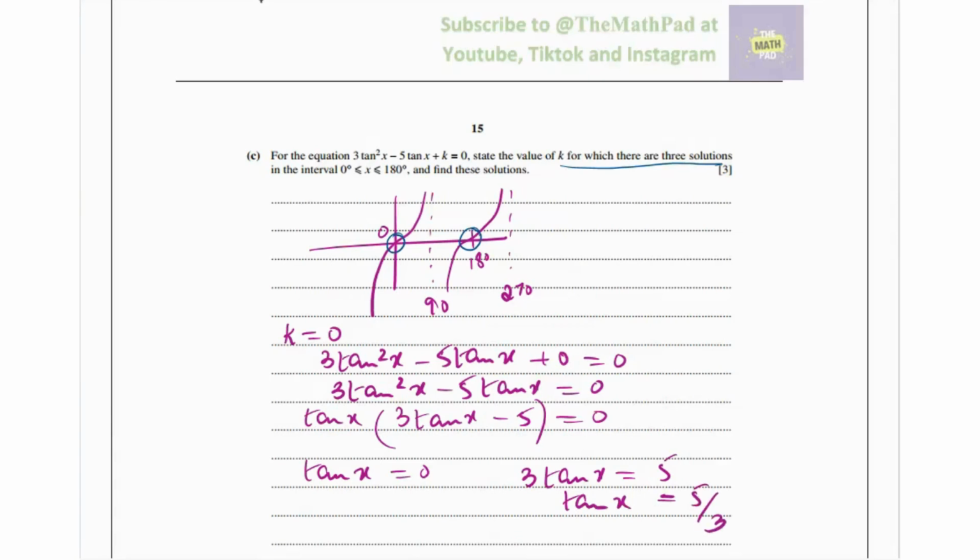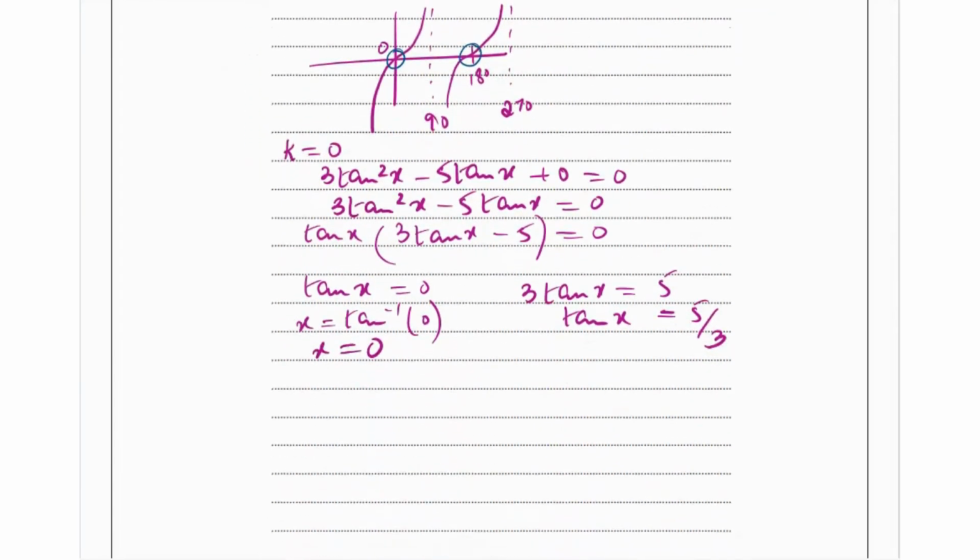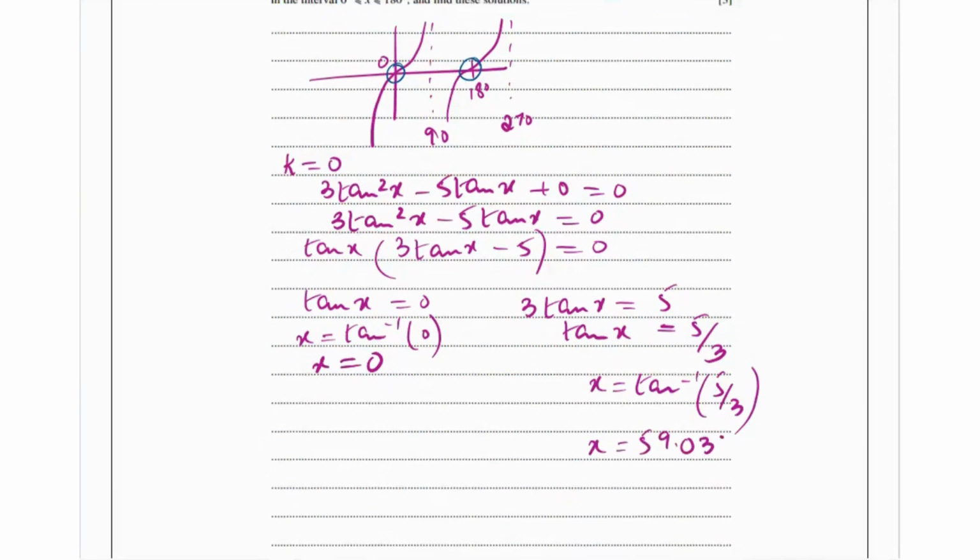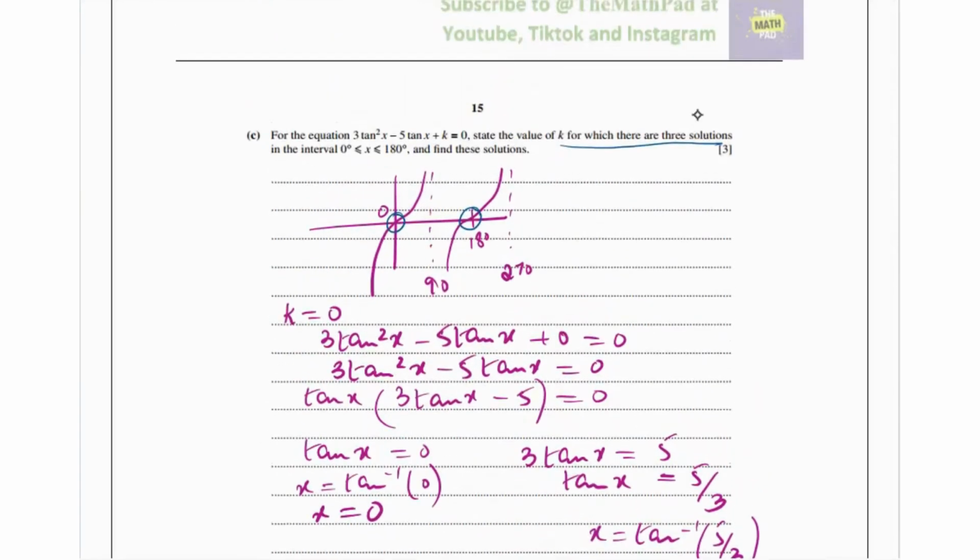When you plug this in the calculator, tan inverse of 0 is 0. So x is 0. And then when you do tan inverse of 5 over 3, that's going to be 59.03 degrees. They want us to state the value of k for which there are 3 solutions in the interval 0 to 180.